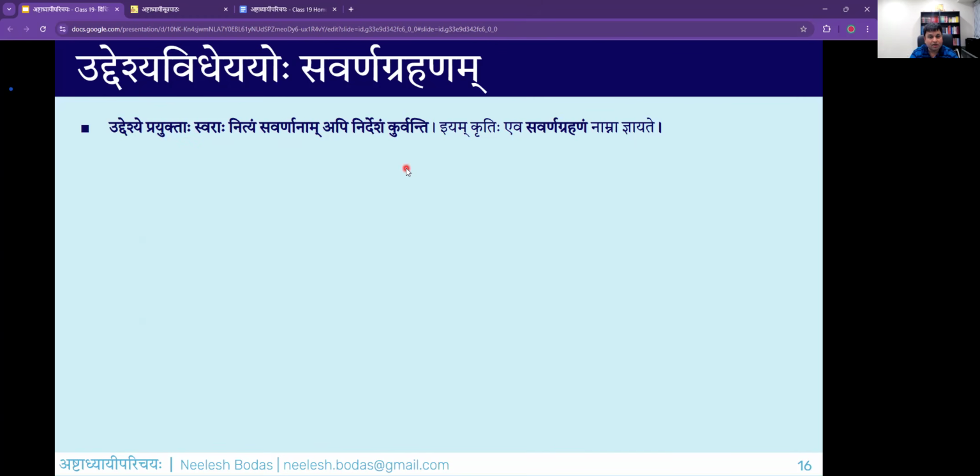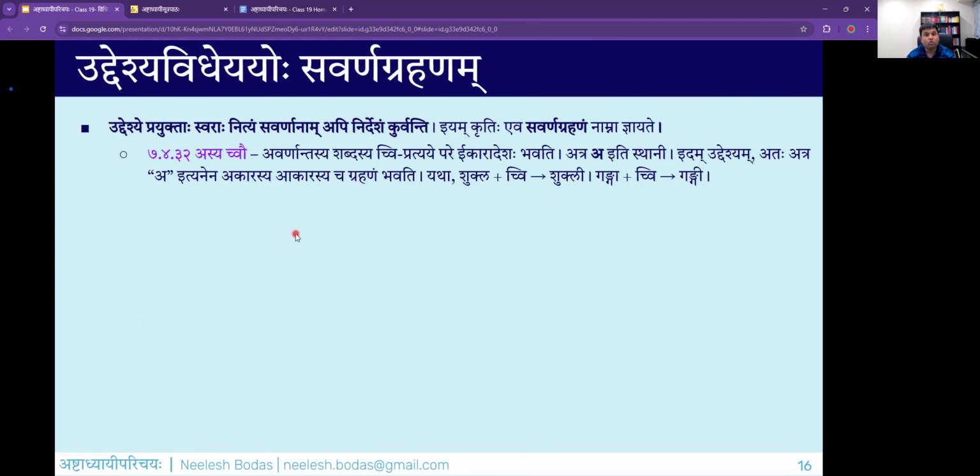And unless you understand whether savarna grahanam happens or not, you will not be able to understand whether the sutra is applicable only for a or also for ā. So uddeshe prayuktaha swaraha nityam savarna grahanam kurvanti. This actual process of including the savarnas along with it is called savarna grahanam.